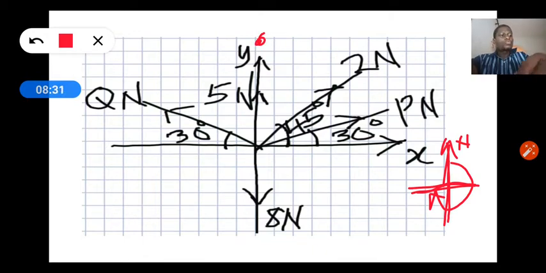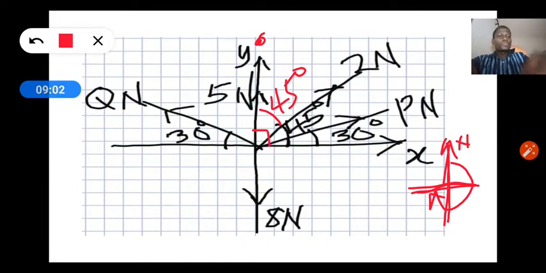Then our 2 newtons is said to be 45 degrees. 45 degrees from that point, this here is actually 45 degrees, okay. The remaining part here will be 45 degrees, since the whole of this quadrant is expected to be 90 degrees.